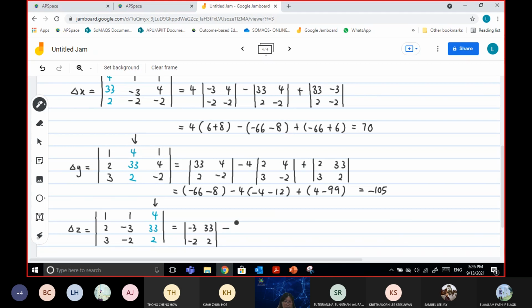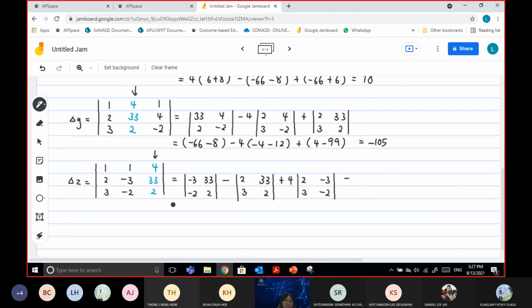Then this one is minus. Then the determinant blocking first row, second column, 2, 3, 33, and 2. Then the last one, which is a 4, then 2, 3, -3, and -2. Then find the answers.